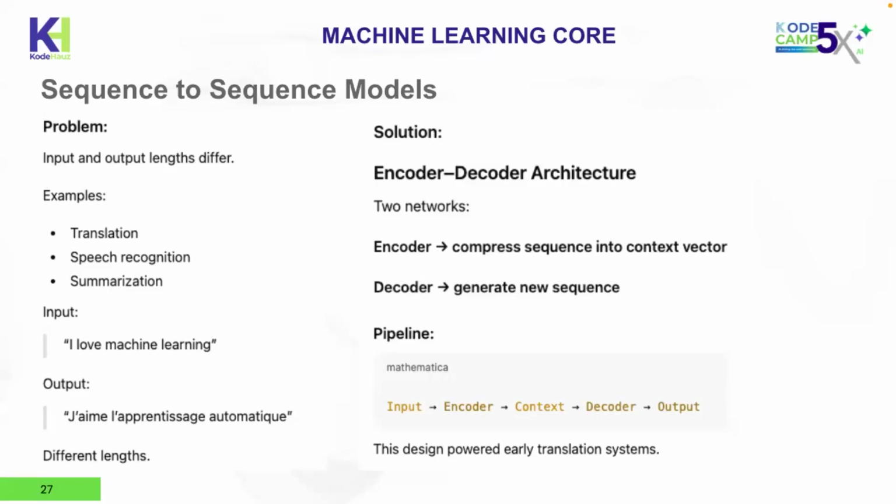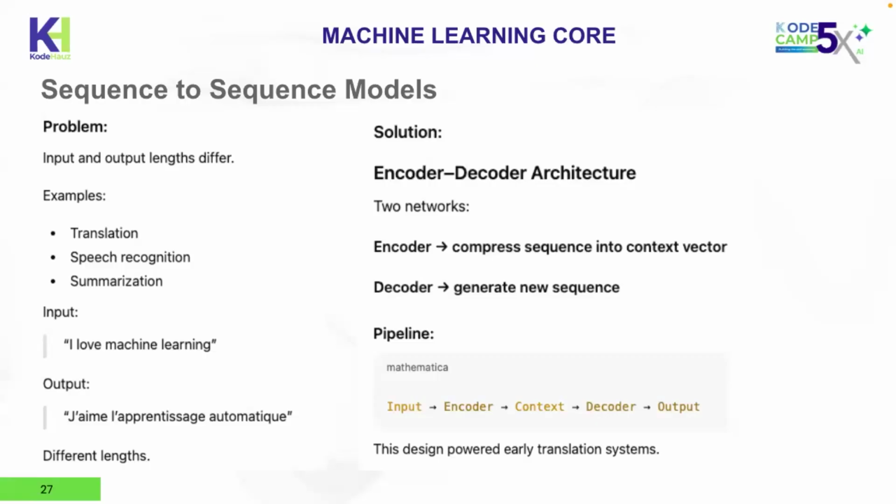Now, typically, if you are doing sequence to sequence models, you have to have both the input sequence and the output sequence.